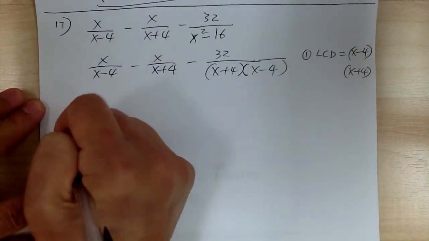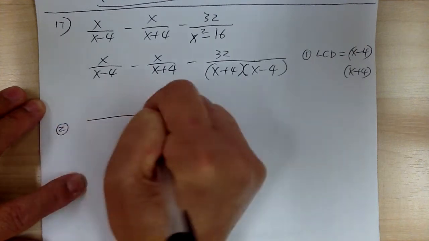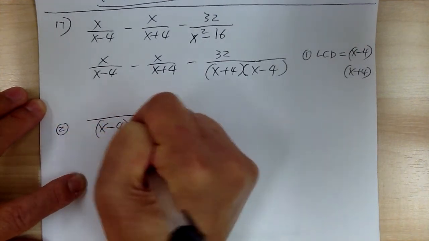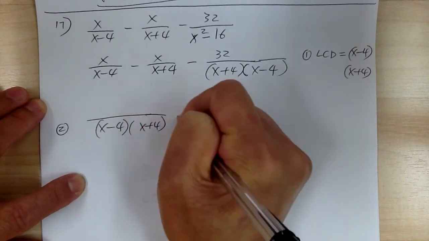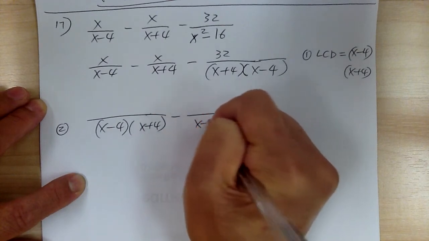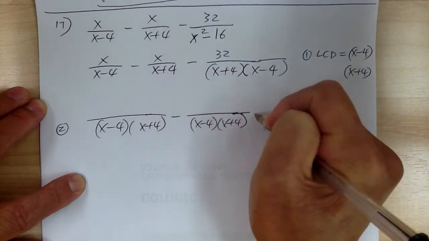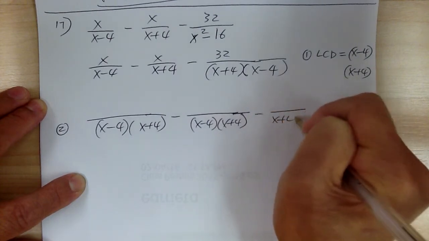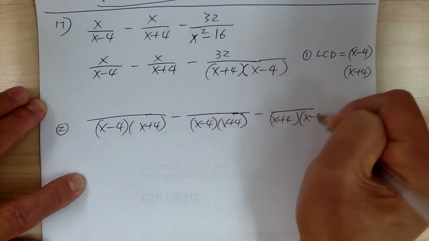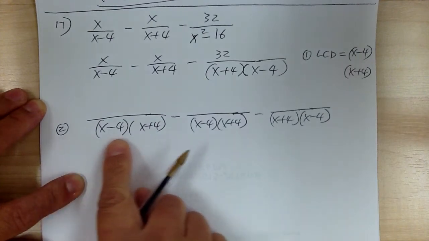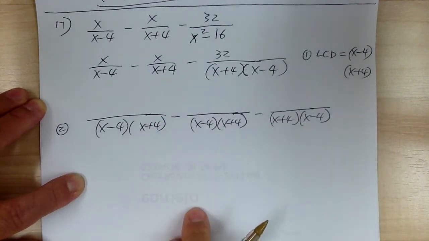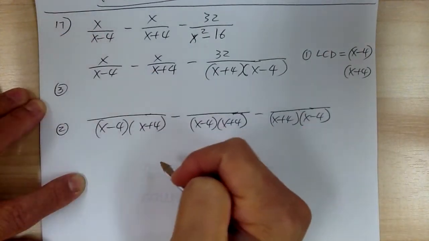Okay, so go to step 2, get your LCD ready. So again, step 2 is get the LCD ready. So step 3, that's check what's missing.